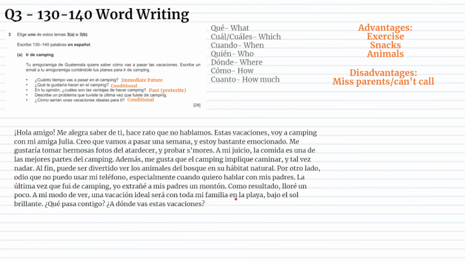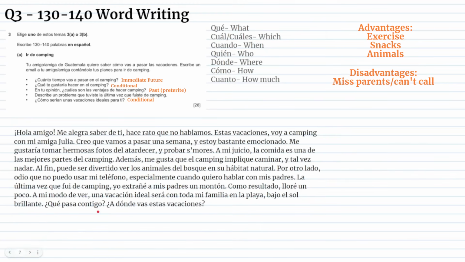So again, this is kind of just like using the previous context to create something that makes sense, and the examiner will take notice of that. Just saying with my family, so that this all just ties up. I'm kind of creating a personality, I'm creating a voice in my writing, which you may see more in English, but if you could do it in Spanish, that's incredible. So creating a voice in my writing, this character, this writing of mine obviously has a connection to their family, so it's good that I've put this here.